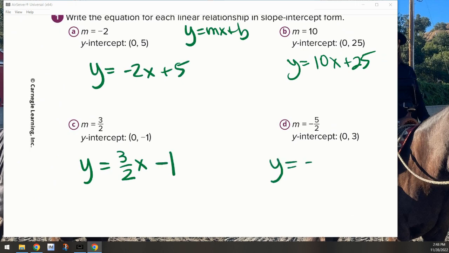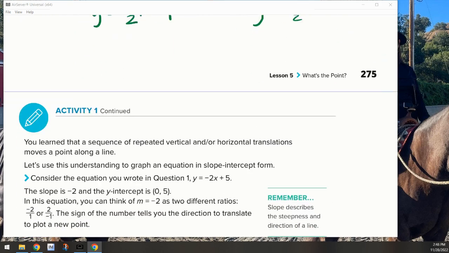Y equals -5 over 2x plus 3. If you notice, the m is always the number that goes in front of the x. The y-intercept, remember, has a 0 for the x value, so then you just plug in the y-intercept for the constant.